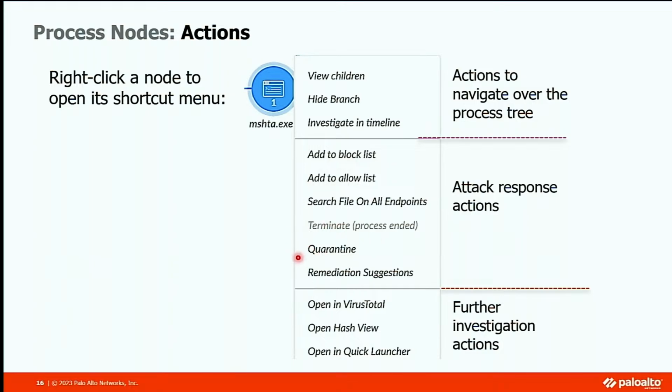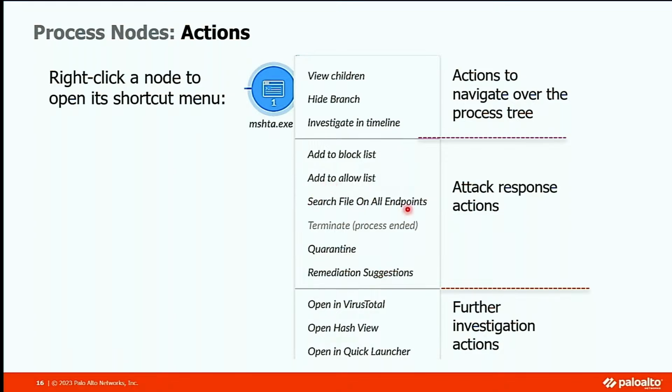If auto quarantining was not enabled on the agent malware profile, remember we can turn on automatic quarantining, but if it wasn't, we can then initiate a quarantine action instead of going to the action center and having to do it through the action center form, do it this way. Again, we'll talk about remediation suggestions tomorrow. It's fantastic.